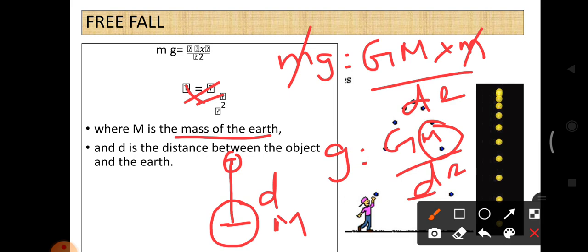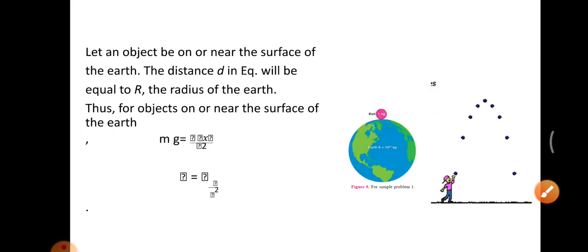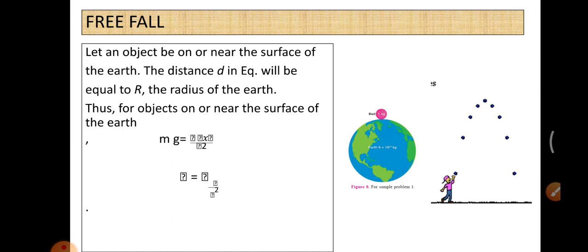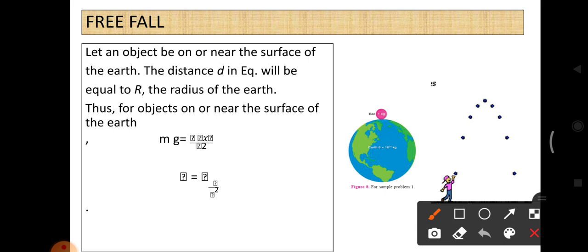So the acceleration due to gravity, small g equals capital G M by d squared, where M is the mass of the earth and d is the distance between the object and the earth. Let an object be on or near the surface of the earth. The distance d in the equation will be equal to R, the radius of the earth, for an object on or near the surface. Please understand this concept.